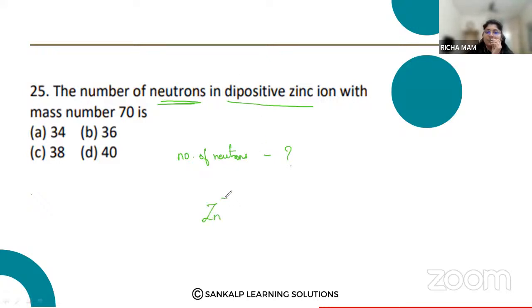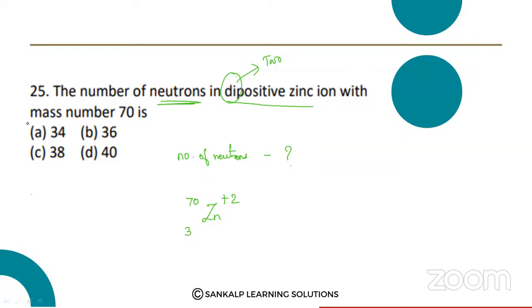Di represents 2 and positive means plus, so di-positive means +2 charge. The mass number is given as 70. What is the atomic number of zinc?